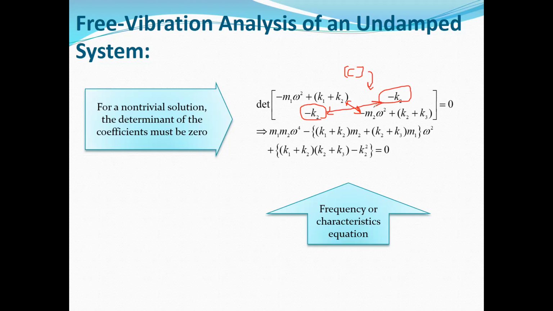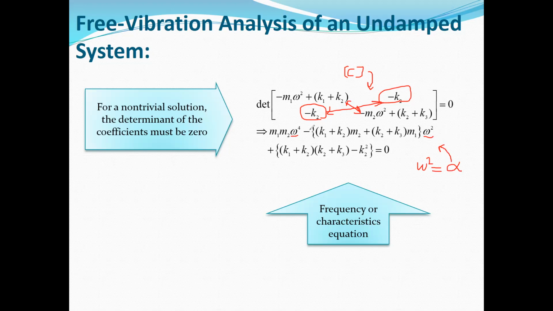This term must be equal to 0, and you can see we have an equation of order 4. Here you can see terms with respect to omega to the power of 4, omega squared. And now you can solve this equation. Of course, if you substitute omega squared equal to, for example, alpha, you will deal with an algebraic equation of order 2.